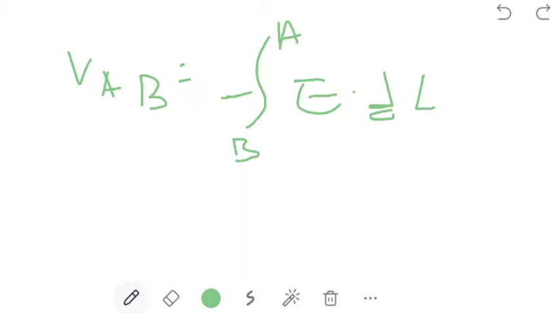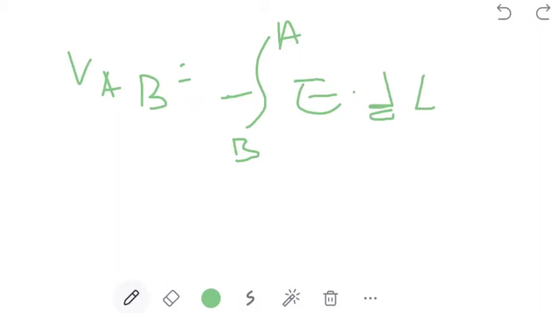That is derived. The work done per unit charge in moving a unit charge from B to A in the field of E. If we move a charge from B to A in the electric field, opposite to it, VAB is positive.